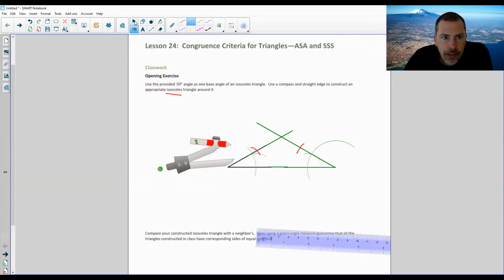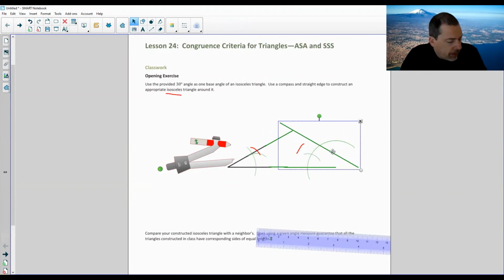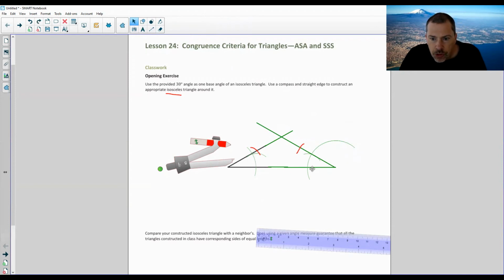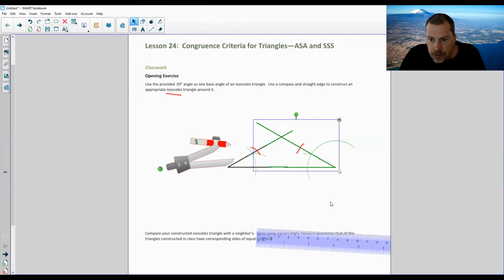And the reason is, if I now take, let me make this all one piece. Let me choose this segment and this segment and make it all one piece. Now watch, if I drag this out and move it back here, the legs are getting longer, the two congruent legs.